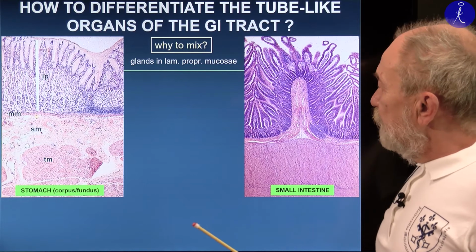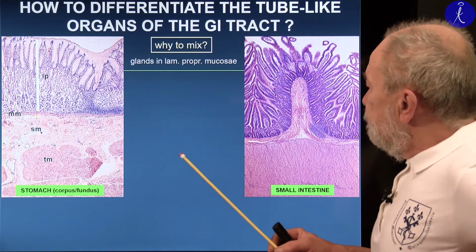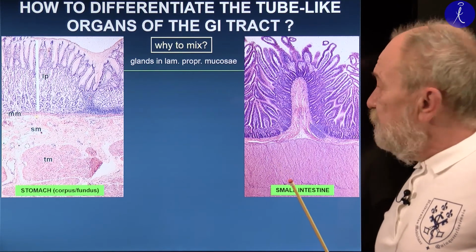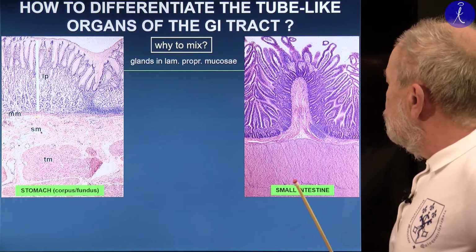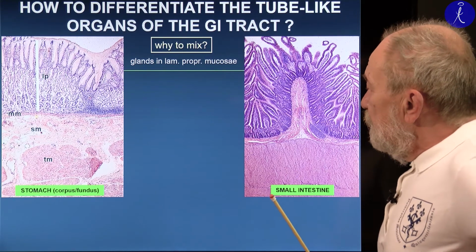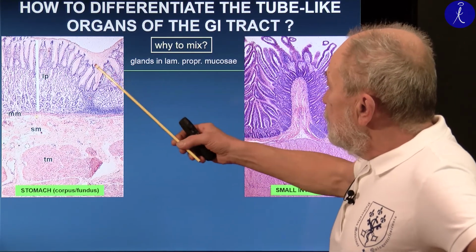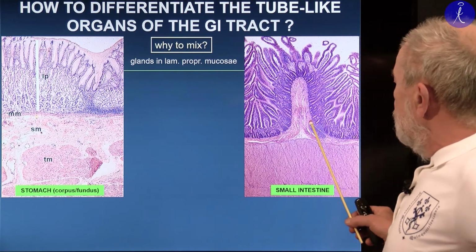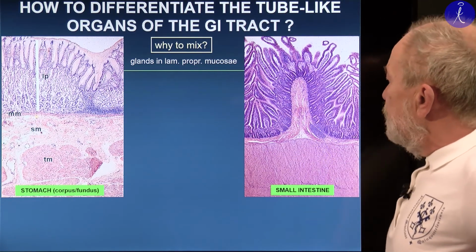Still, how to differentiate between organs? There are again two slides which people find hard to differentiate from each other. Why do they mix them up? Because the glands are found in the lamina propria mucosae in both cases.